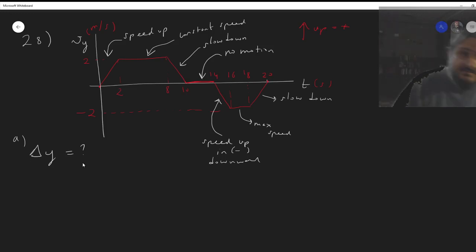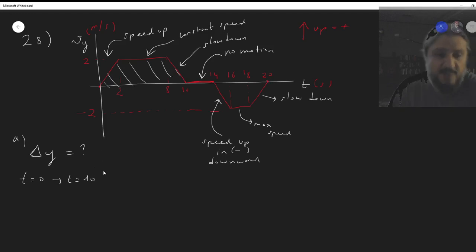Find delta y in terms of meters. How do you do it? Simply find the displacements. So in the first 10 seconds, let's say, from t equals 0 to t equals 10 seconds, the area here gives you delta y, okay?